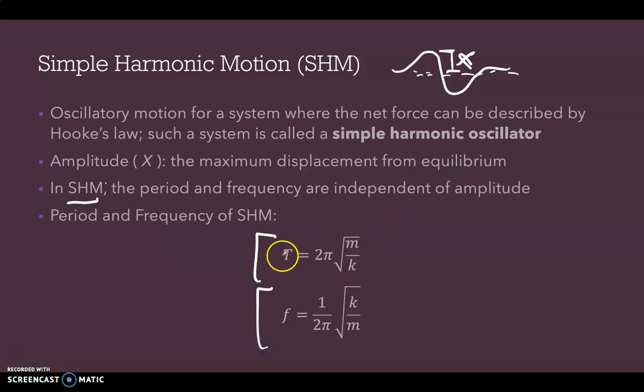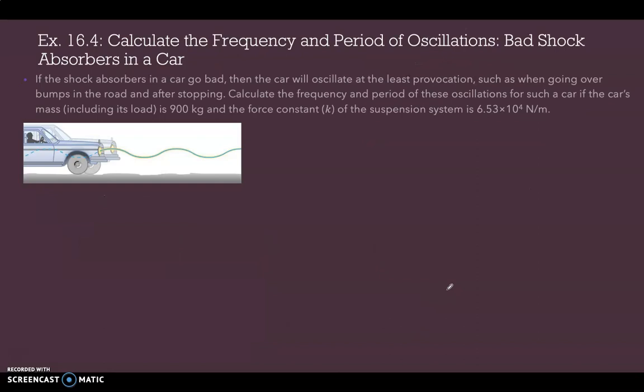We have our period equals 2 pi times the square root of the mass divided by the force constant, k. And remember that period is T, frequency is f, which is going to be 1 over T, so it's 1 over 2 pi times the square root of k over m. We're going to use this idea in calculating a couple of examples.